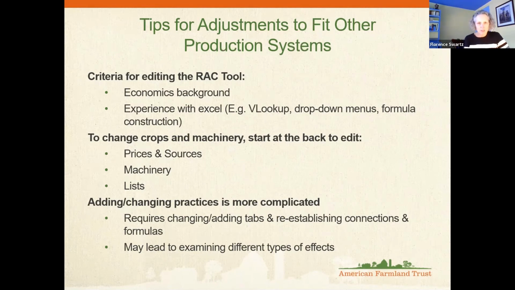You need to make sure that all the information satisfies those three criteria that I mentioned earlier for partial budget analysis, that everything has the same unit, it's the same price year, and everything is on an annual basis, and we don't double count. So there's all these little things that you need to keep in mind. It's helpful to have someone with an economics background guiding you or helping you with it.